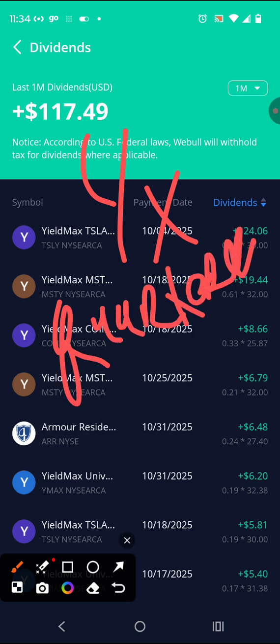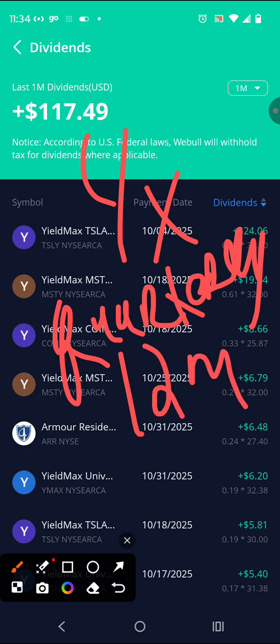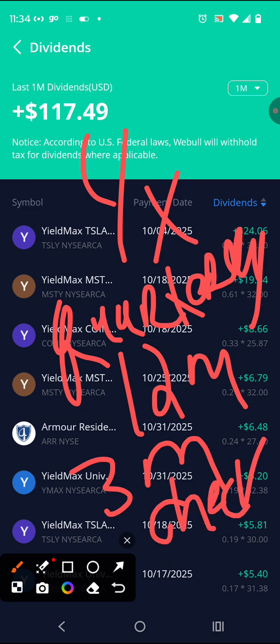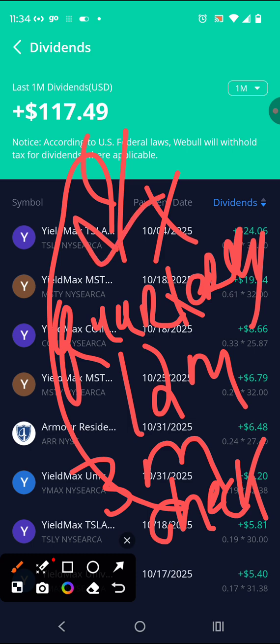Now, 12 months in a year, break that down into 4. Every 3 months, you're going to get a check. Or you just get a deposit into your account.